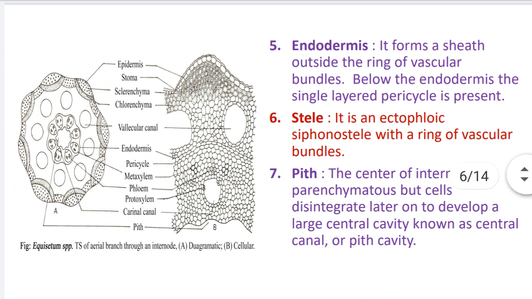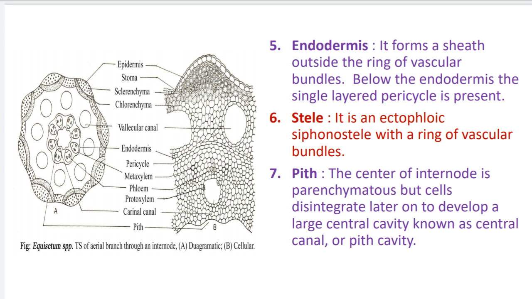Then next point, number 5, endodermis. It forms a sheath outside the ring of vascular bundles, okay. You see in the diagram below the vallicular canal, the endodermis is present. Endodermis always separates the inner region and outer region of the stem from each other.